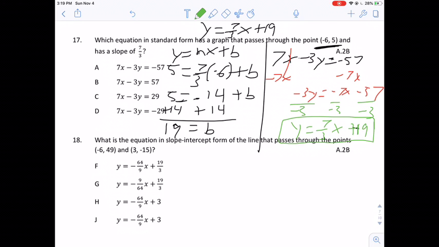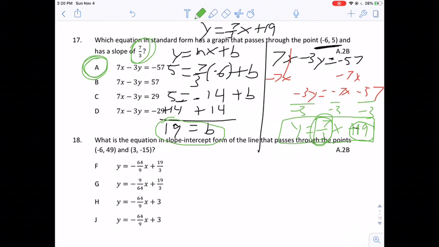Sorry, that's what I'm supposed to be saying. Positive 19. And if I look at that, that b, 19, happens to be the same b, and the slope that I'm looking for happens to be the same slope that the problem gave me. So I was lucky enough to find that A was the correct answer to begin with.